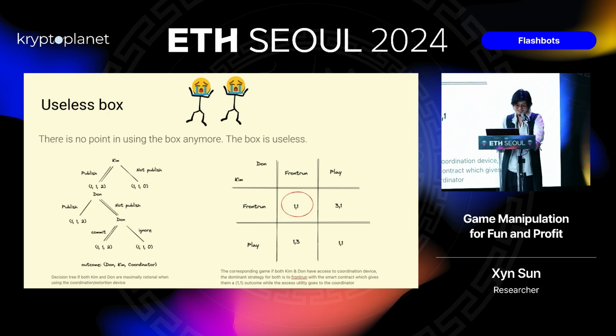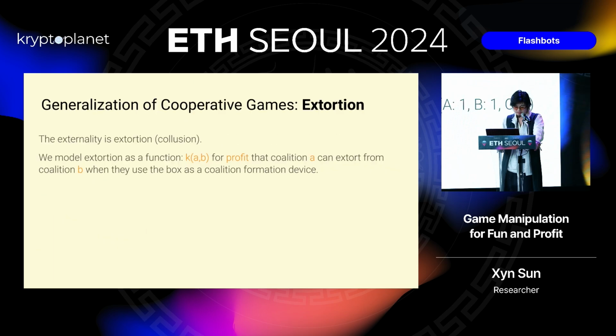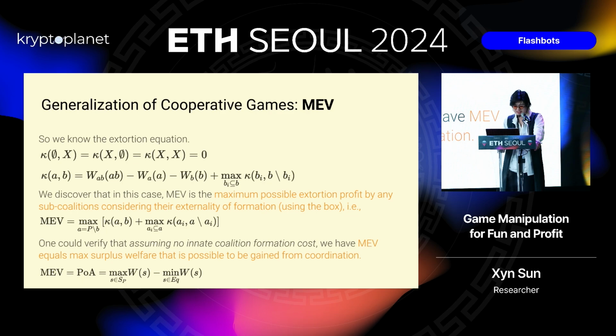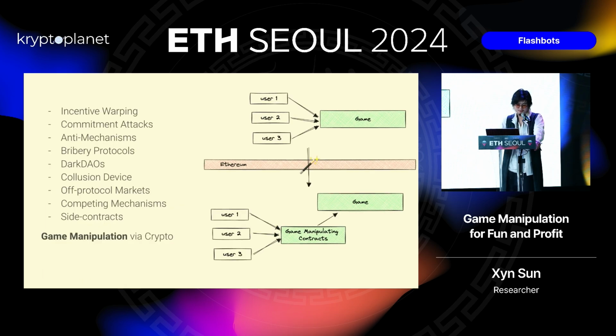It is useless. So you can similarly draw out the incentive structure, and you will see that the dominant strategy for each player is to do this front-running action, which results in the exact same payoff as before. So then there is some math that you could draw to this, but we should go to the fun part.